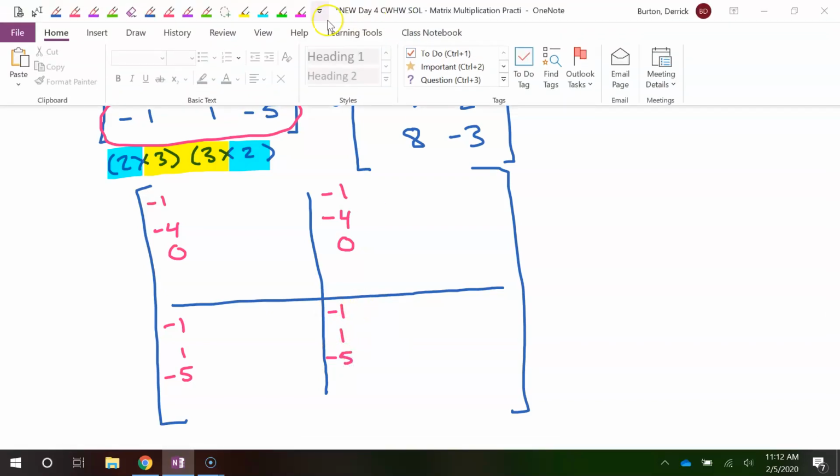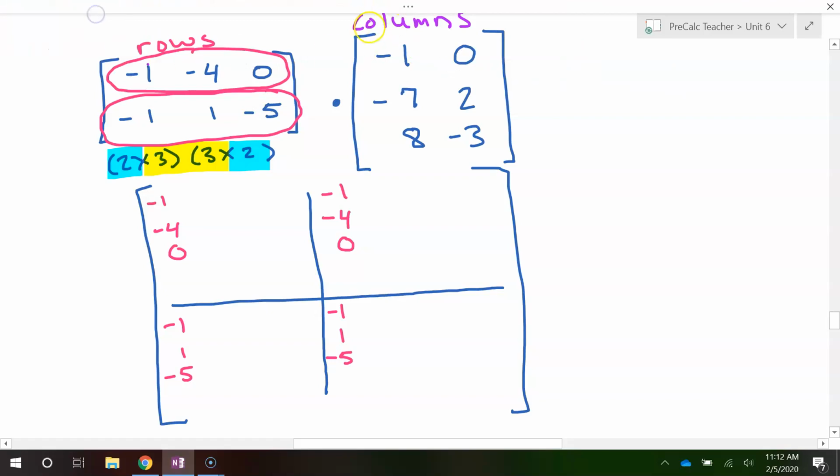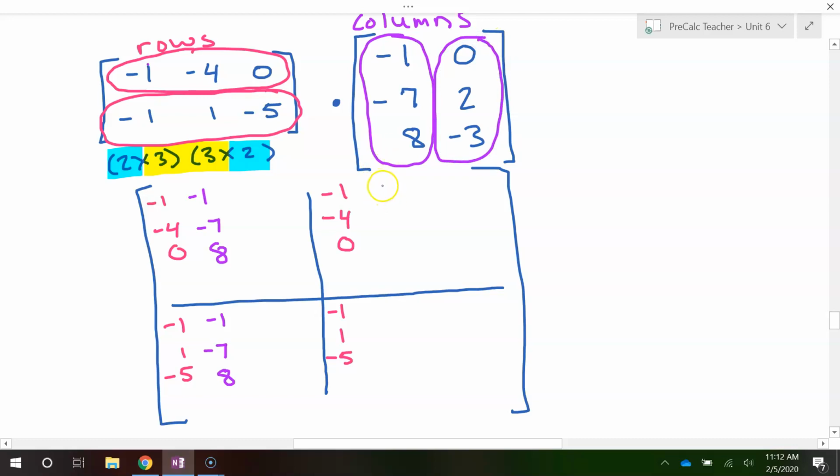Now it's time for the columns. Column 1 goes down column 1. Column 2 goes down column 2. Now it's time to multiply.